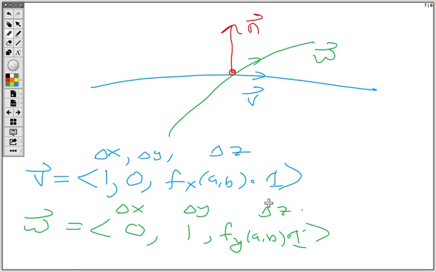Are there any questions on how we get these vectors, v and w? We're going back to the basic principles of vectors here. Vectors are components. We look at the change in x, change in y, change in z. So we're assuming a unit change in delta x and delta y, and then using the partial derivative to give us what that change in z would be.